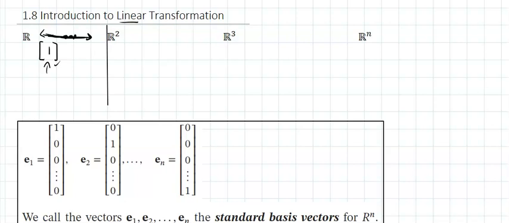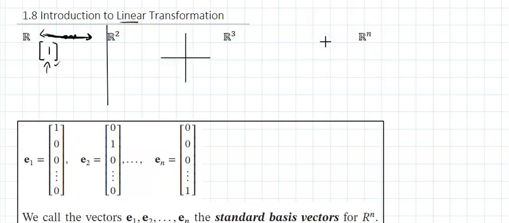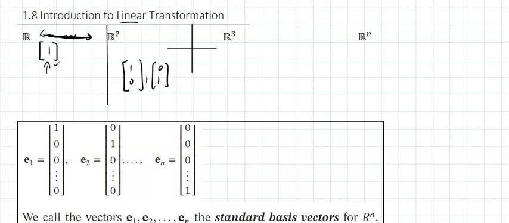If I want to span R2, R2 is 2 dimensions. If I want to be able to be anywhere on that, I need 2 vectors. I need the vectors (1, 0) and (0, 1). Any point you want me to get to, I can use a combination of those to get there.